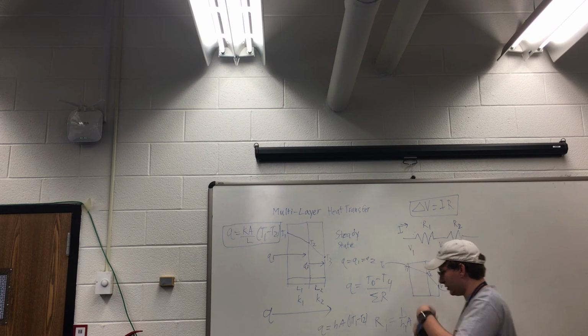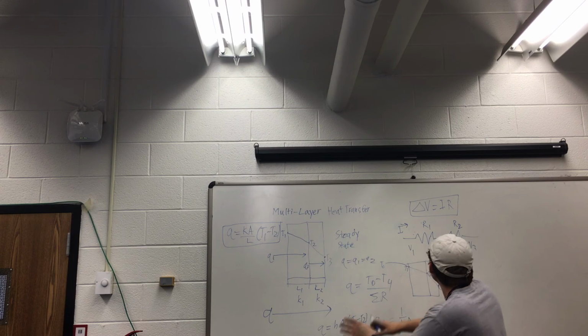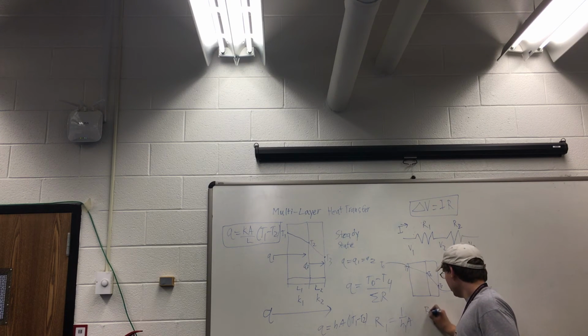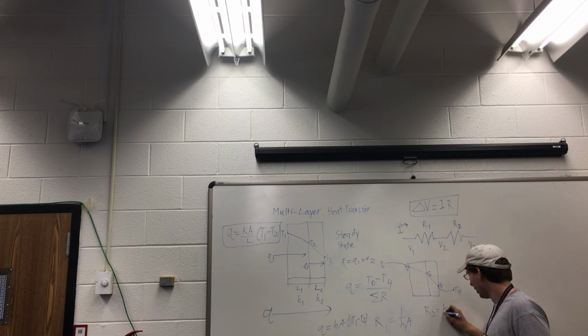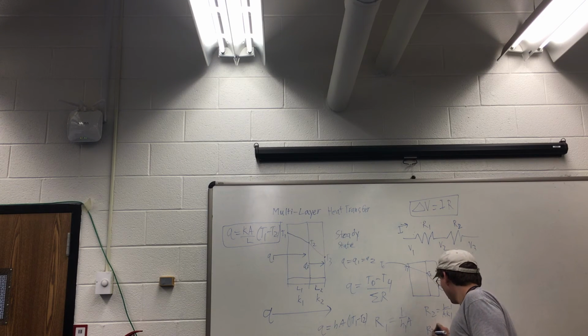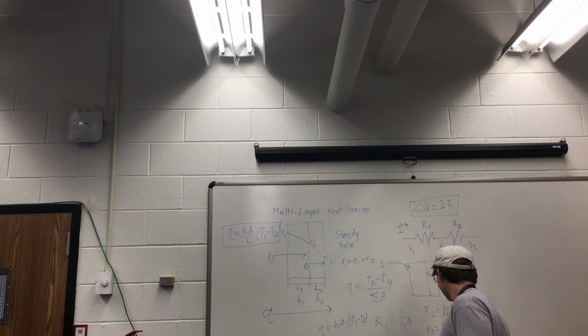If you just rearrange it, divide by HA, you'll see it makes sense. So then R2 is of course L1 over A K1. That's basically what we've gone through already. R3 is L2 over A K2.